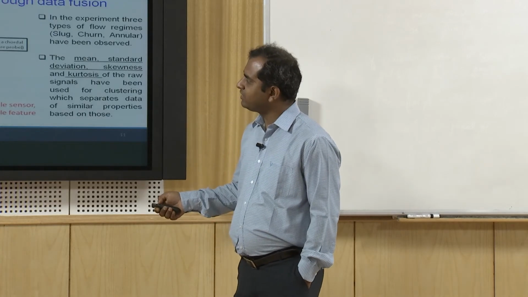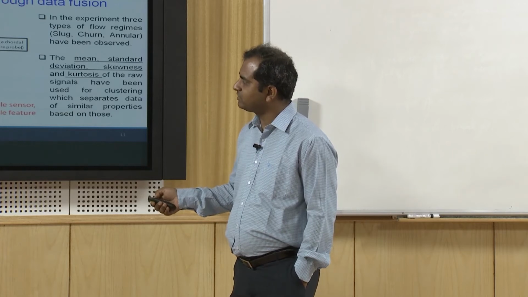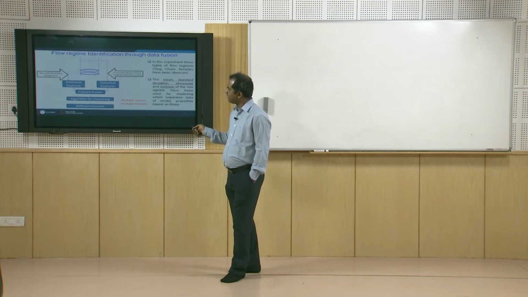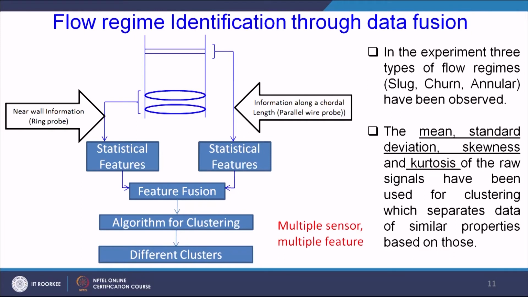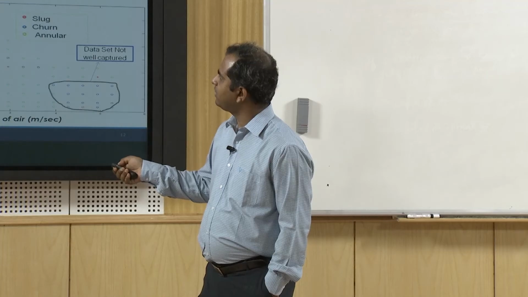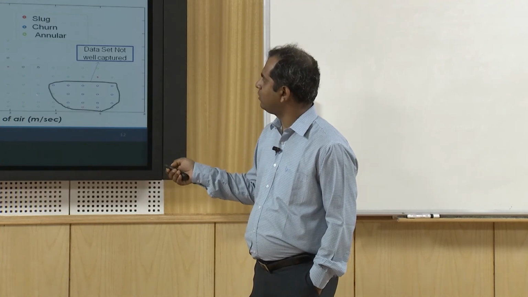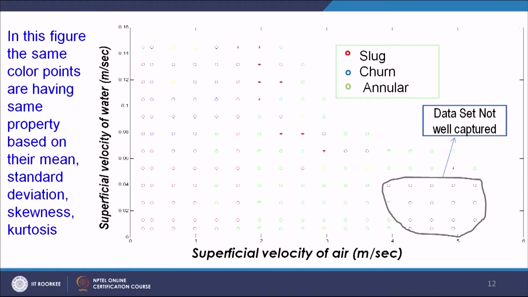We fused the signals obtained from the ring probe and parallel wire probe and found three clusters: for slug flow, churn flow, and annular flow. Here we have a very good cluster for slug flow, here a cluster for annular flow, and finally a cluster for churn flow.